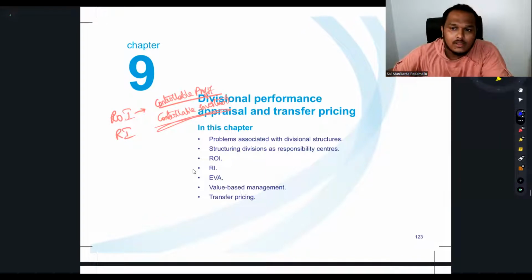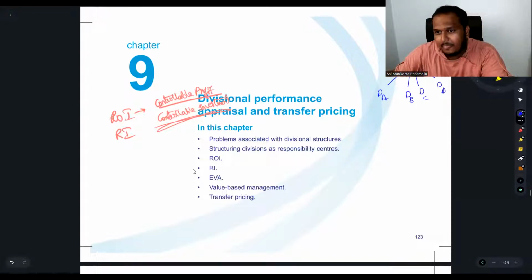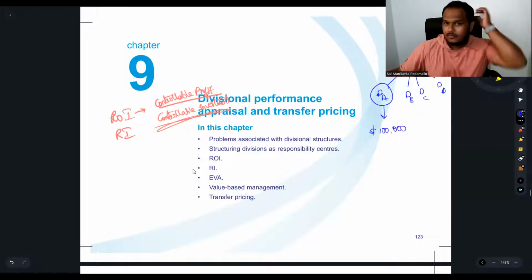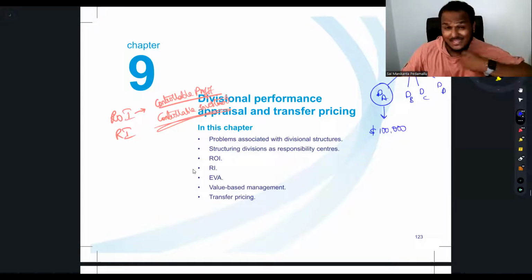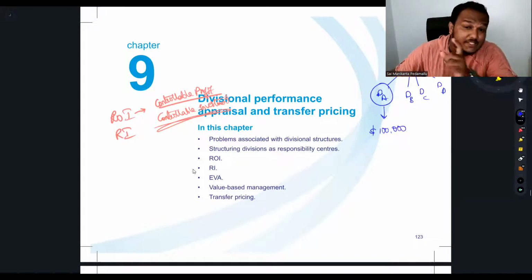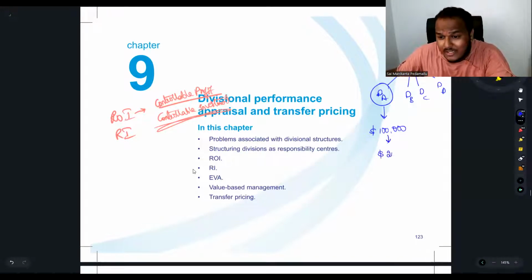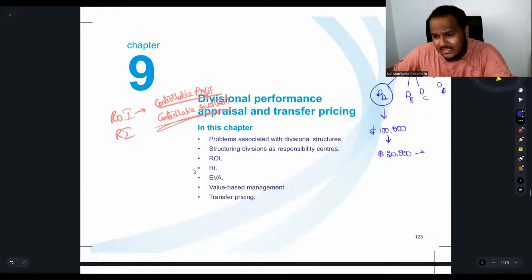Imagine like this. There is a head office, and what this head office does is send money to four different divisions. So we have division A, division B, division C, division D. Now, the head office sent a total of, let's say, $100,000 to division A. But at the same time, the head office also sent an instruction to division A that out of this 100,000, you have to spend 20,000 on advertisement.